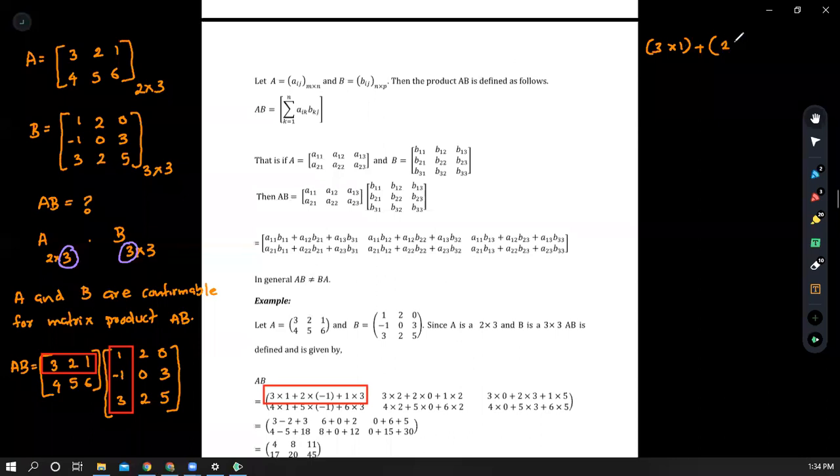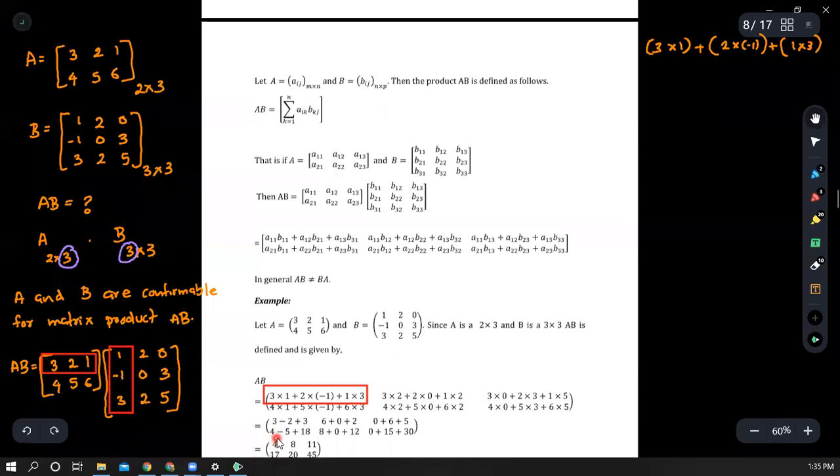Then this is added with 1 multiplied with 3. Therefore, it would be better if you write it this way. This results in the value plus 4. Now you can see it.